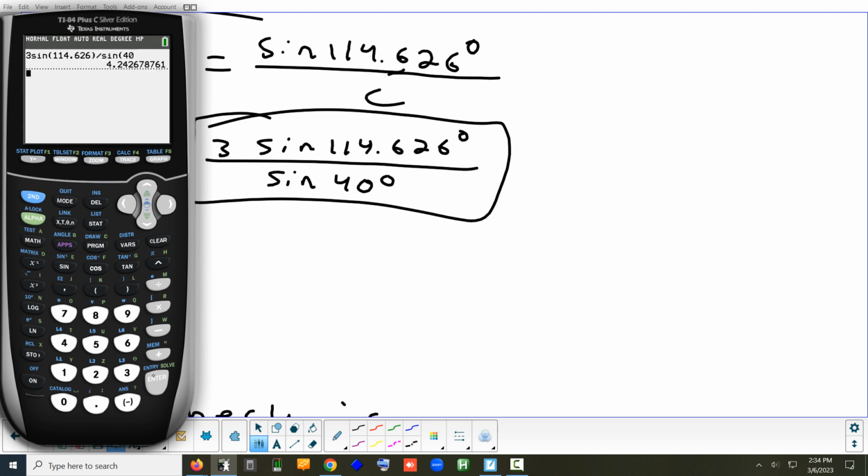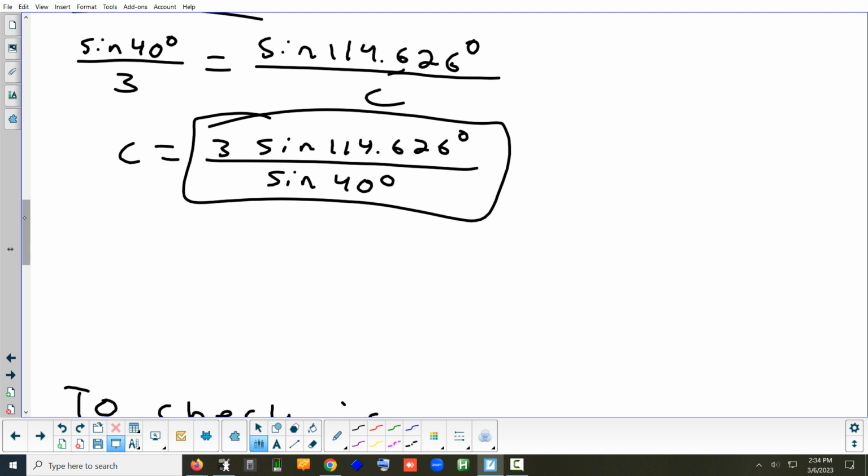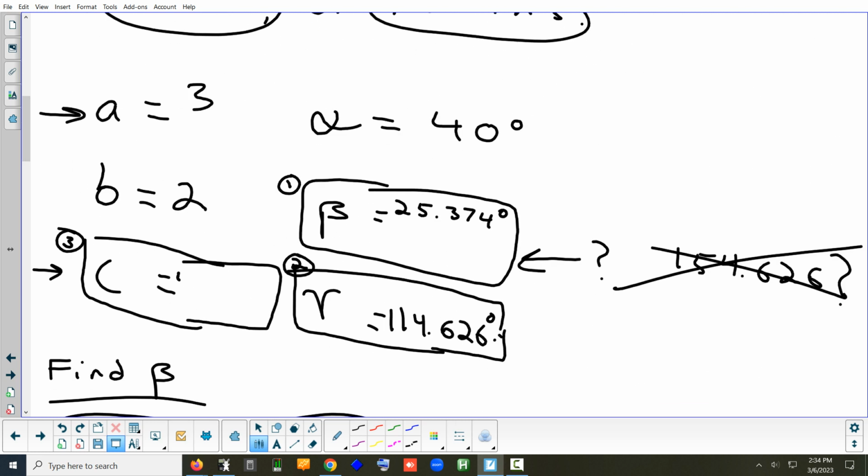Notice I didn't close the parenthesis after the 40. It's not really important because I don't have anything else I'm typing in. So 4.243. And that's the side-side-angle case where there's one solution. Tomorrow we'll do the no solution and 2 solutions.